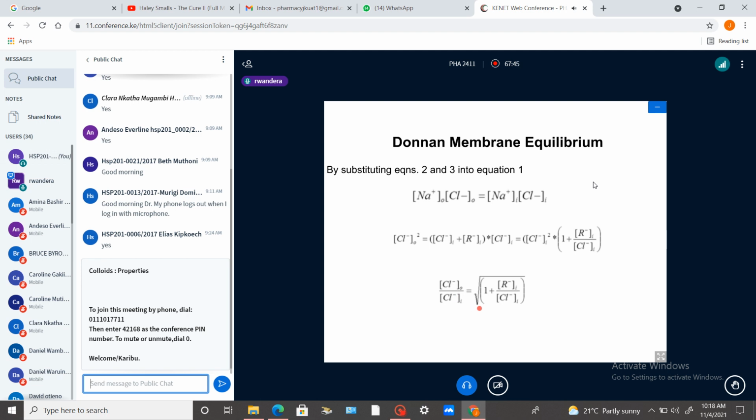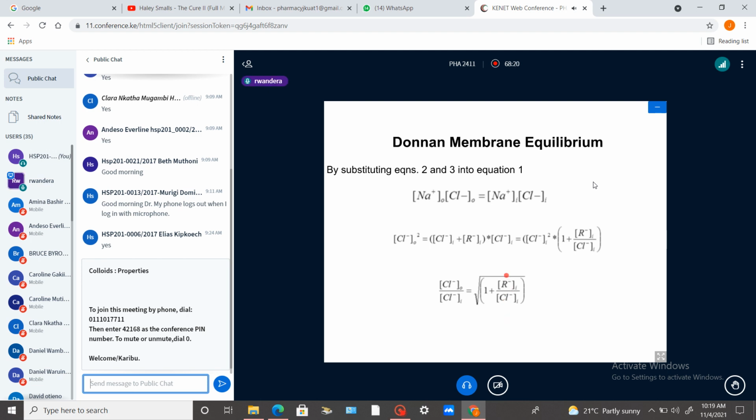So you end up with this equation, whereby the ratio of the concentration of your chloride ions on the outside to the concentration of your chloride ions on the inside is equal to the square root of 1 plus the ratio of the concentration of the colloid on the inside over the concentration of your chloride ions on the inside.